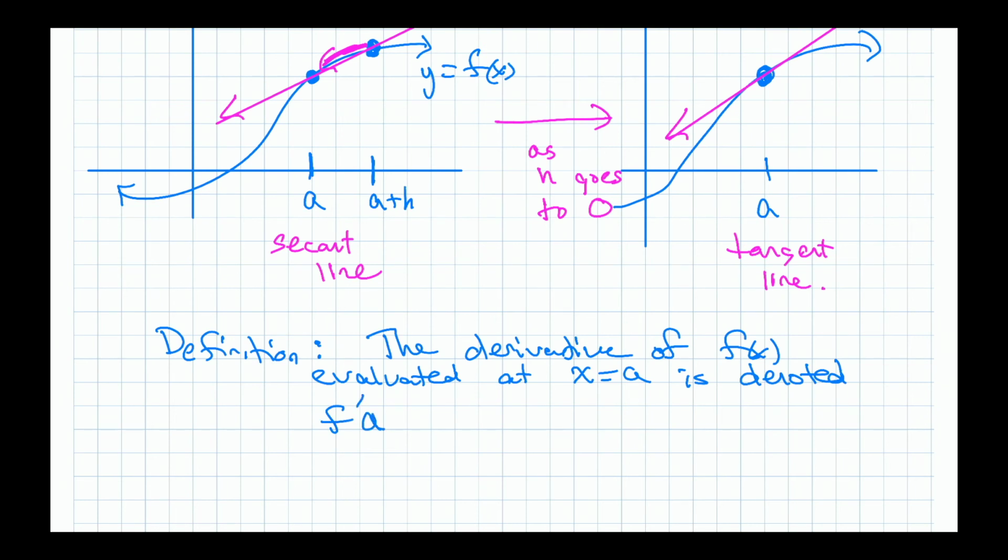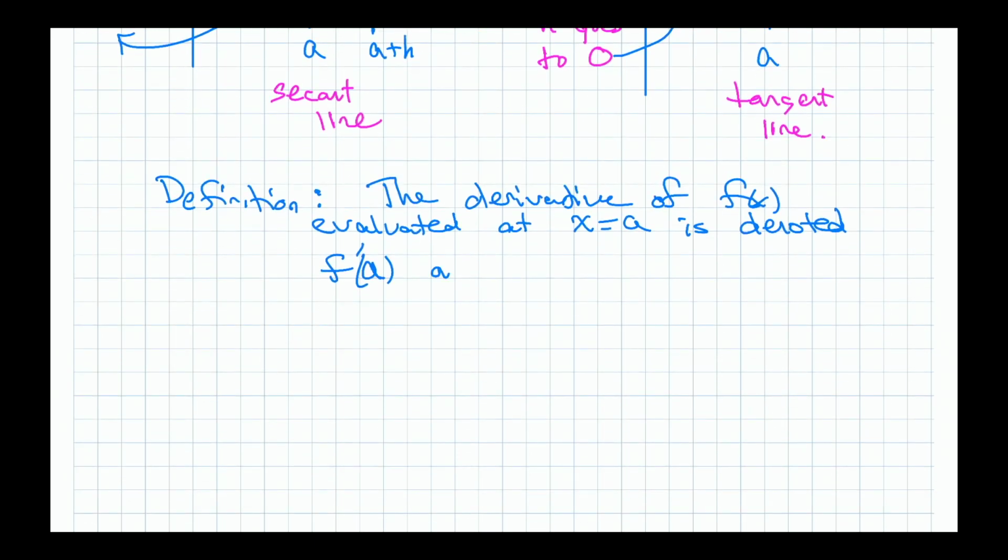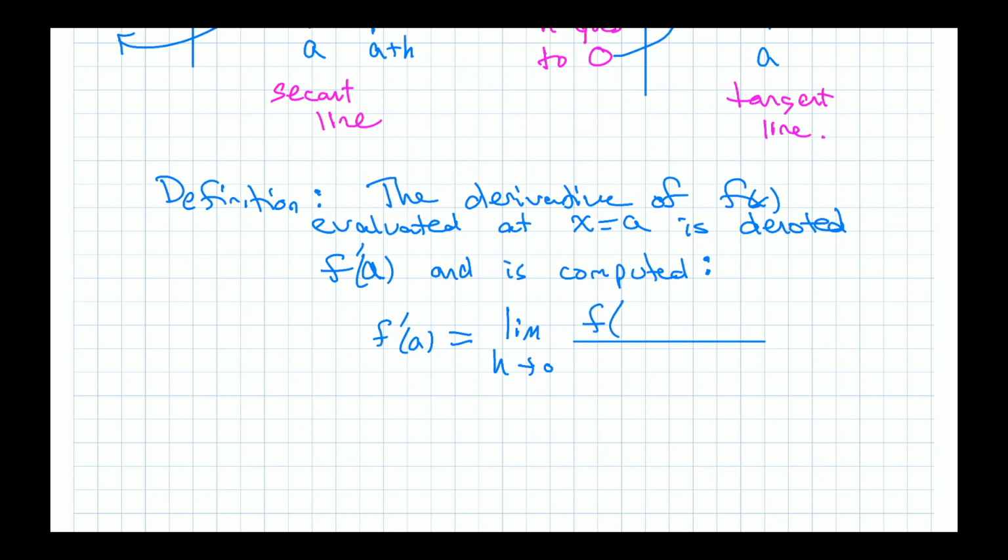Can I turn that into an a? Yeah. F prime of a, and it is computed this way. So f prime of a is the limit as h goes to 0 of f of a plus h minus f of a over h. Okay, so that's the definition of the derivative that we're going to use.